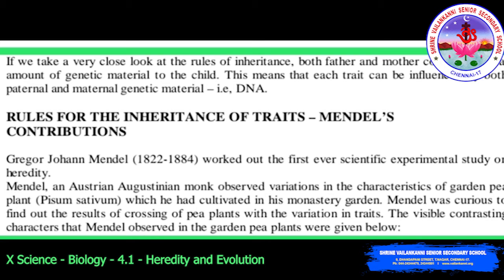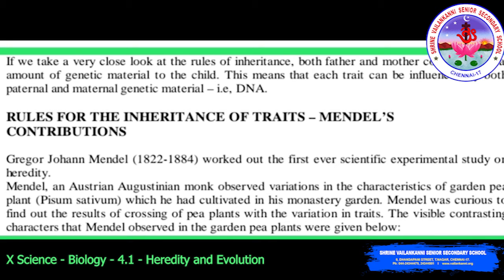Mendel was an Augustinian monk who observed variation in the characteristics of the garden pea plant, Pisum sativum, which he had cultivated in his monastery garden. Mendel was curious to find out the result of crossing pea plants with variation in traits.